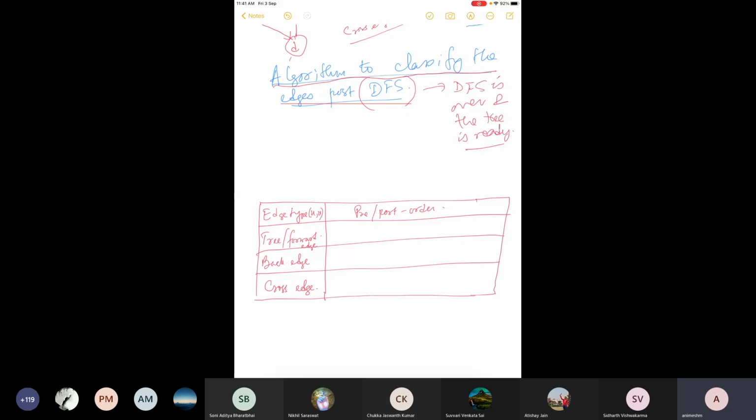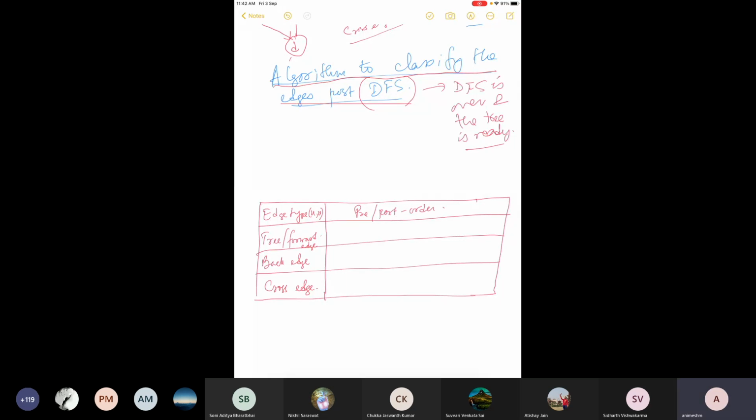So can you relate the tree edges, back edges, cross edges with the pre-order and the post-order notions that we have just now come across? What will happen for a tree edge or a forward edge?